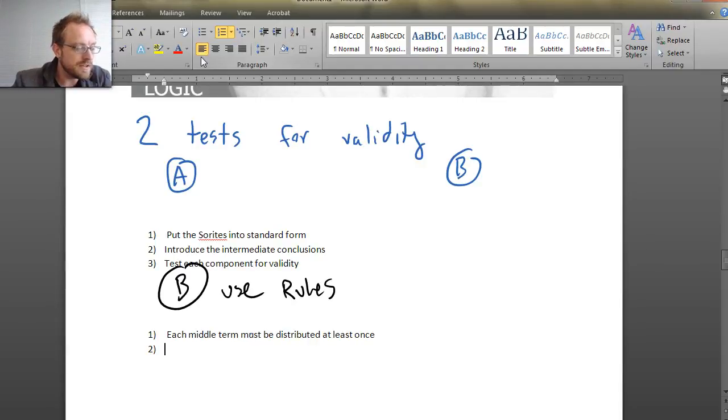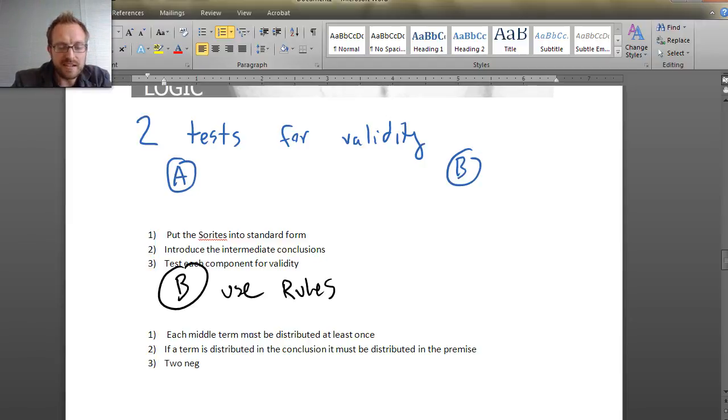If a term is distributed in the conclusion, it must be distributed in the premise. Okay, number 3 is 2 negative premises are not allowed.